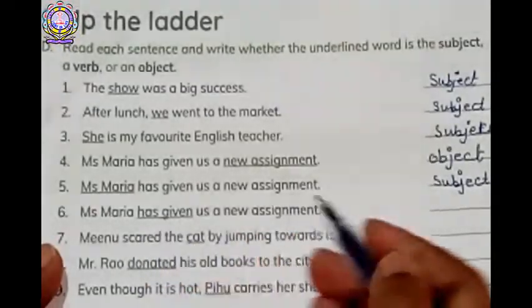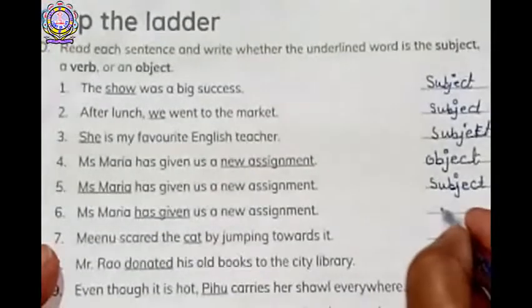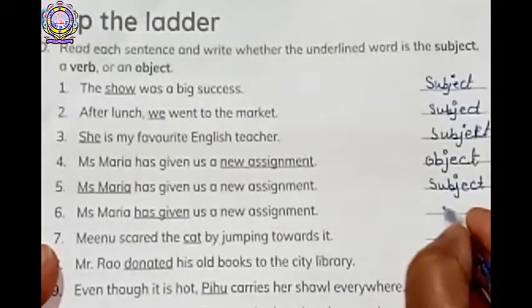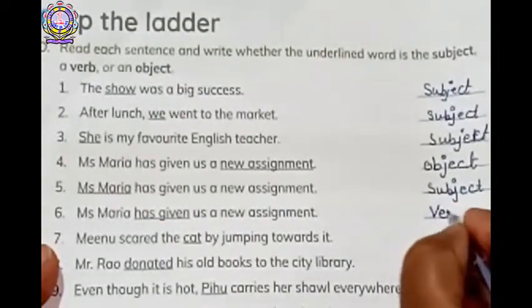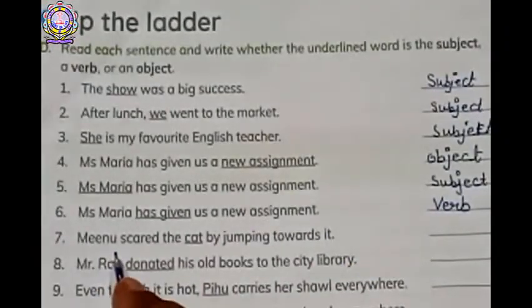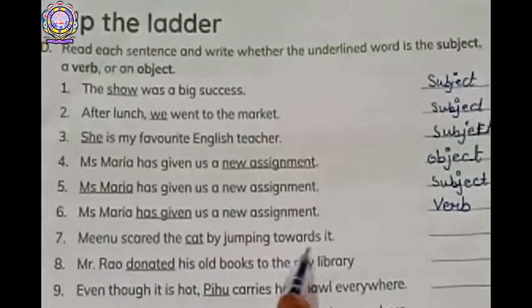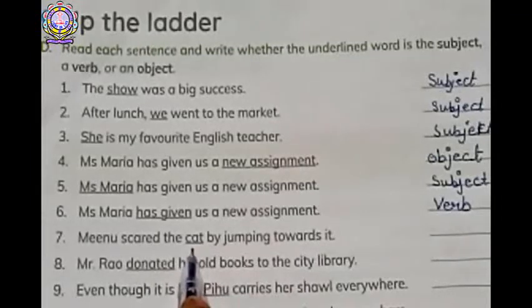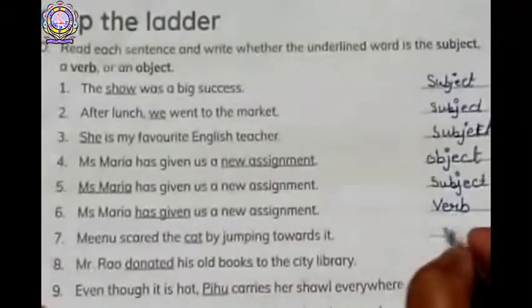So, has given is verb. Okay, seventh. Meenu scared the cat by jumping towards it. So, cat. Cat, I think everyone knows. Object.